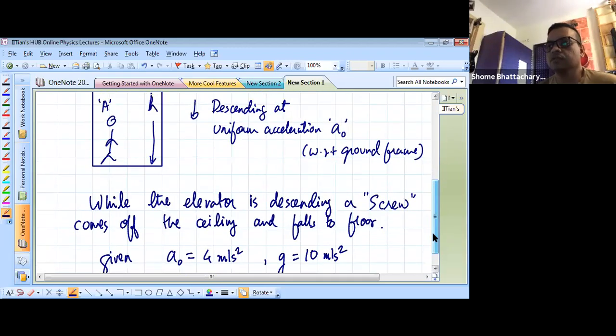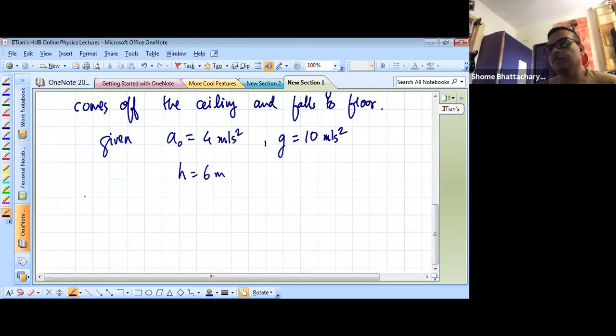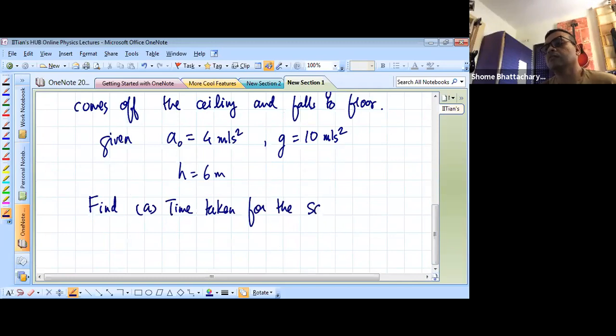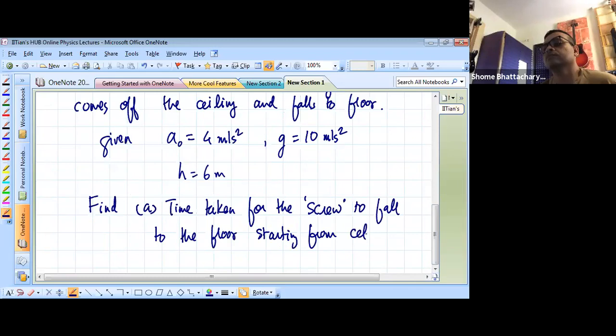So given that situation, we have to find the time taken for the screw to fall to the floor, starting from the ceiling. So that is the first part we have to calculate.